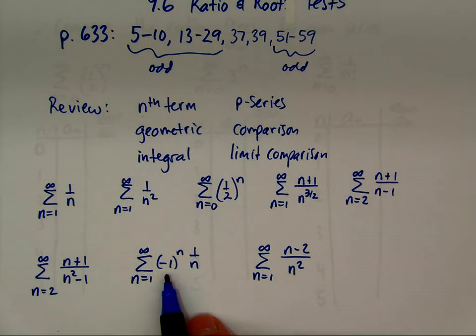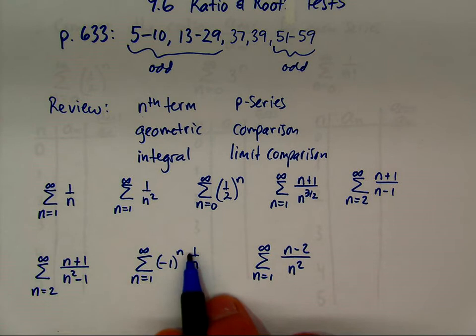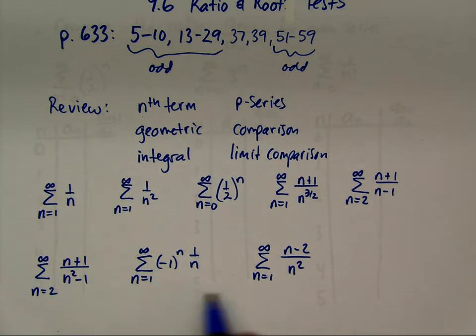Alternating series, so then we're going to use the alternating series test. I didn't write that up there. But this will converge because it satisfies the 3 conditions for alternating series. The sequence is positive, decreasing, and the limit is 0. And then once it's alternating, that will converge.